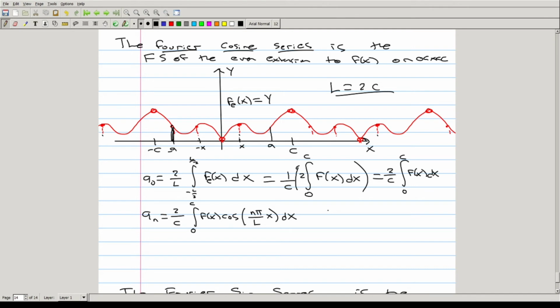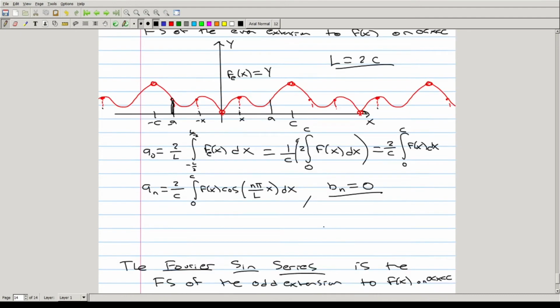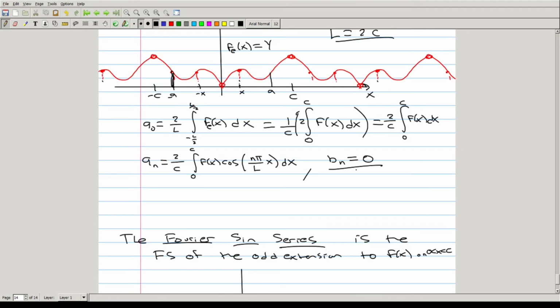And the sine coefficients bn end up being 0, because the integral that you end up taking will be the integral of an even function times an odd function on a symmetric interval, which will end up being 0.